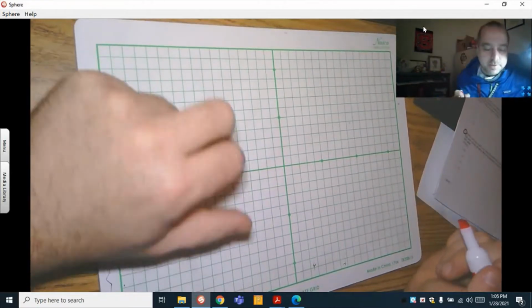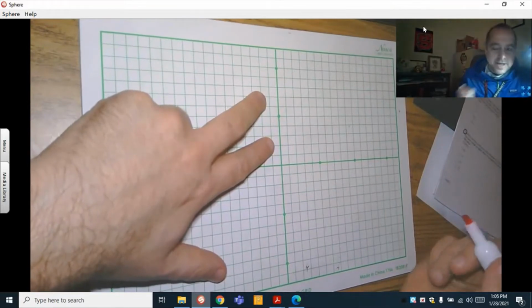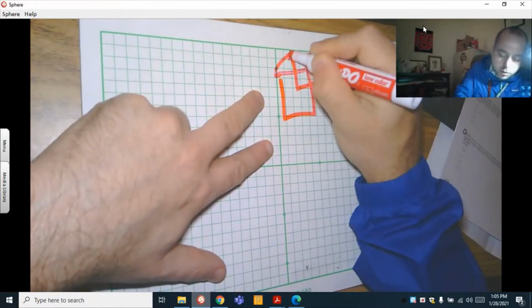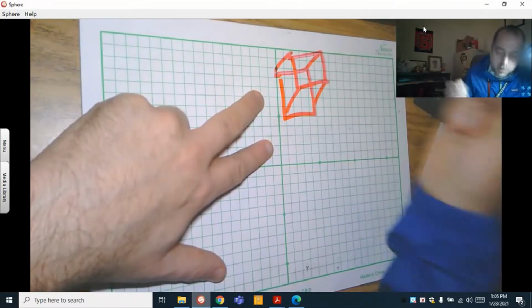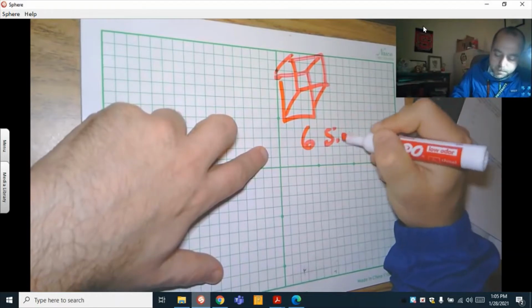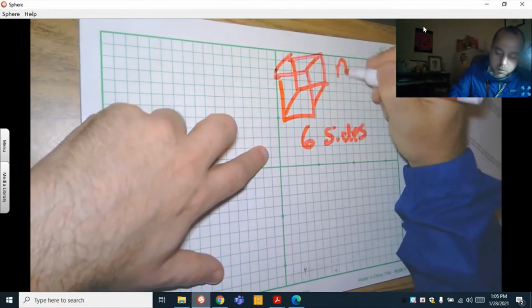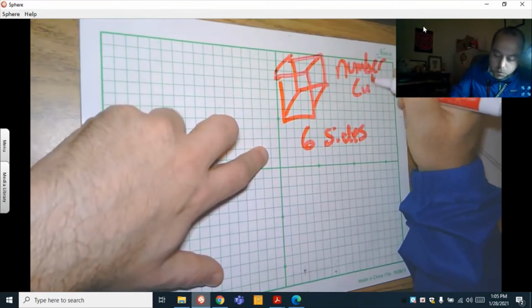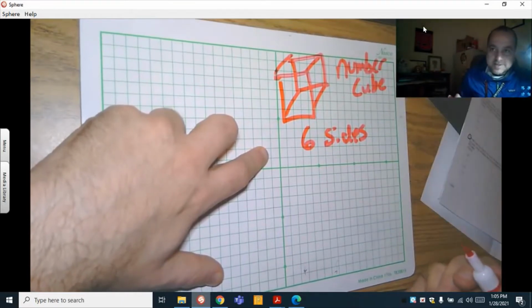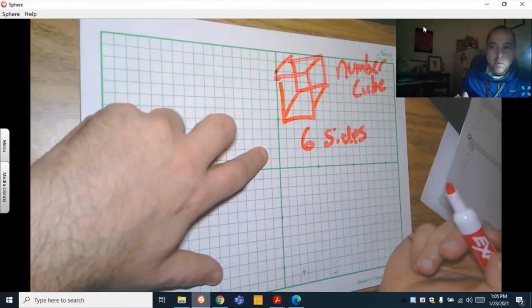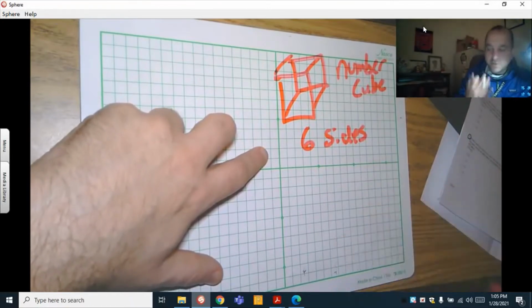Number cubes. Remember, a number cube is like dice, right? Here's a number cube. Quick drawing, right? That's a number cube, and it has 6 sides, so there's 6 outcomes, right? And each side has a number like 1, 2, 3, 4, 5, or 6.